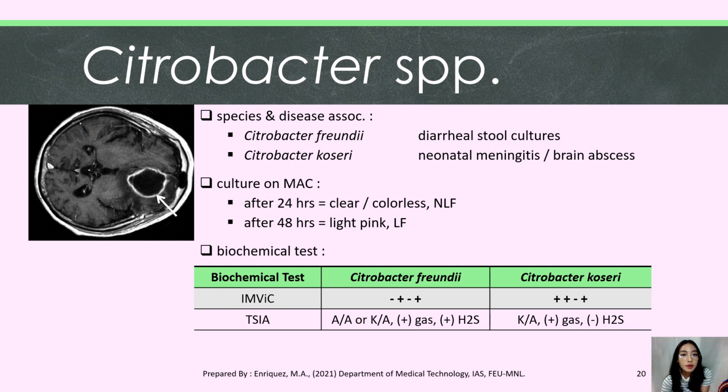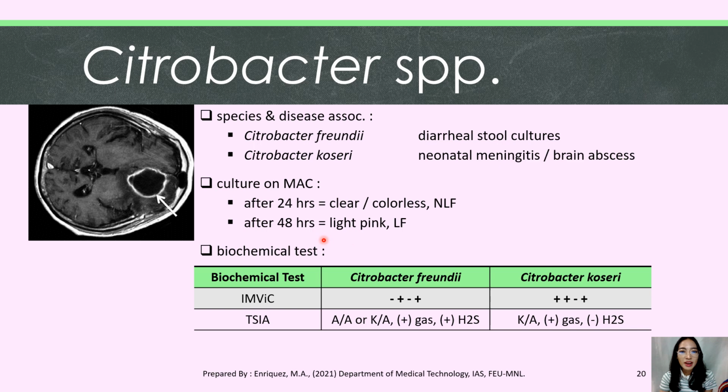Okay, so since yung mga Citrobacter po, they are late lactose fermenters, pwede pong magbago yung itsura ng colonies nila depending on how long you have kept it incubated. So within 24 hours, they would appear as your typical clear non-lactose fermenting colonies. But if we were to extend the incubation period for up to 48 hours, makikita natin na nagbago na siya.